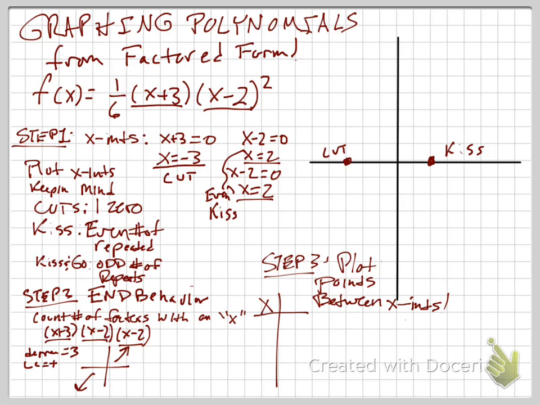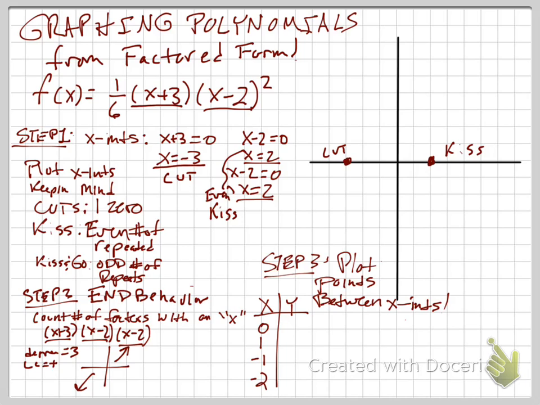If I make an xy table, between the x-intercepts I can plug in a few things. I can plug in 0, I can plug in 1, I can plug in -1, and I can even plug in -2. So those would be the coordinates I would try to plot. And really, you don't need to plot all of those. Just plotting a couple to give it its shape will help.